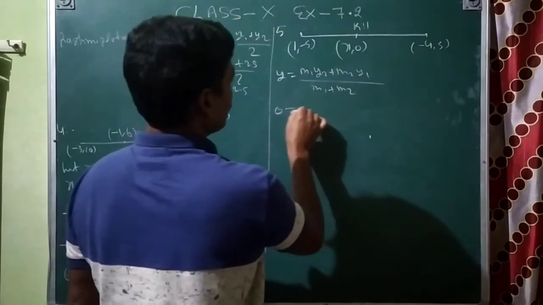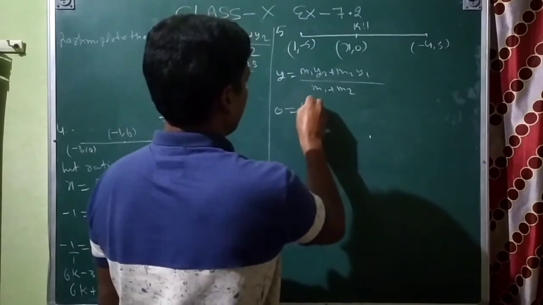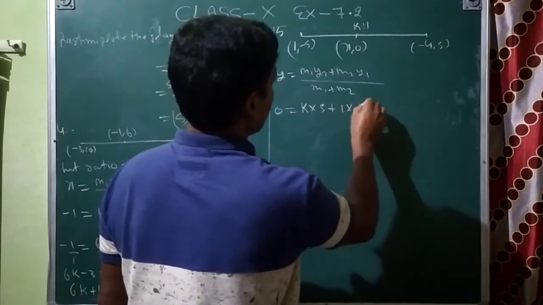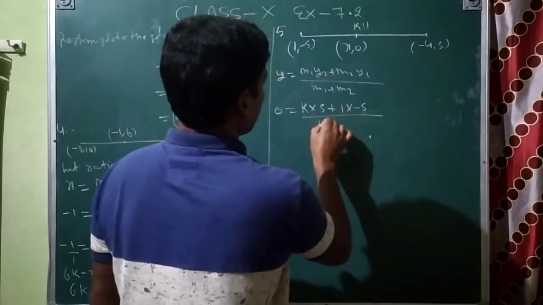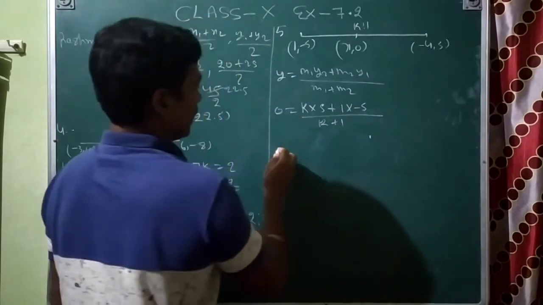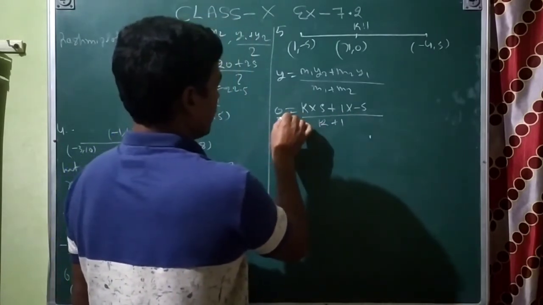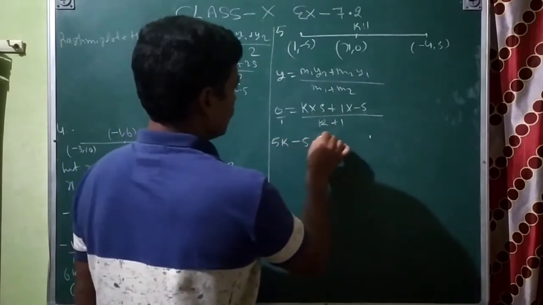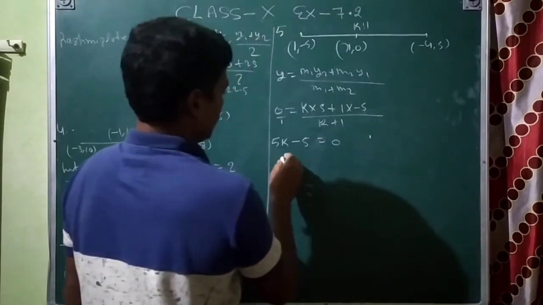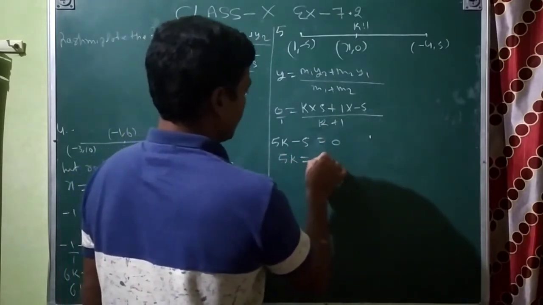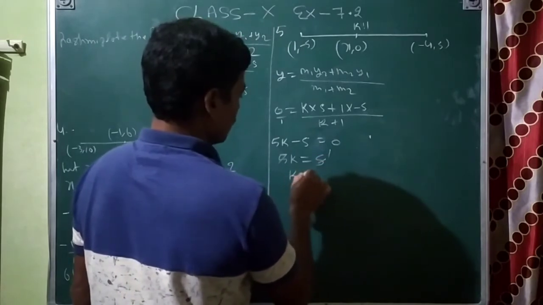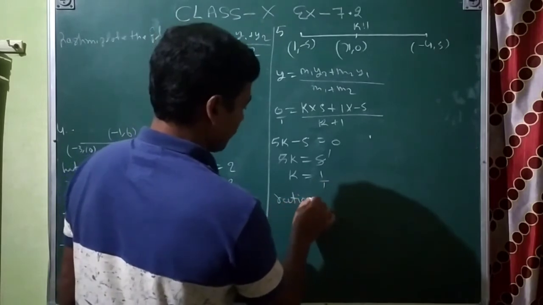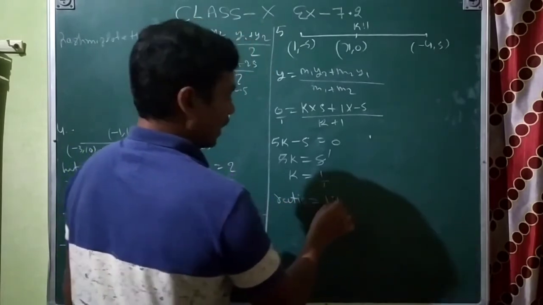So y is equal to 0, which is m1 k multiplied by 5, plus m2 which is 1 multiplied by -5, upon k + 1. By cross multiplying we get 5k - 5 is equal to 0, so 5k is equal to 5. Cancelling 5 by 5, k is equal to 1, or we can write 1 upon 1. So the ratio is 1 : 1.